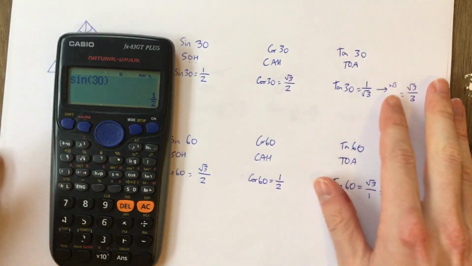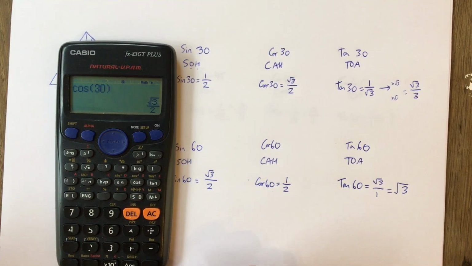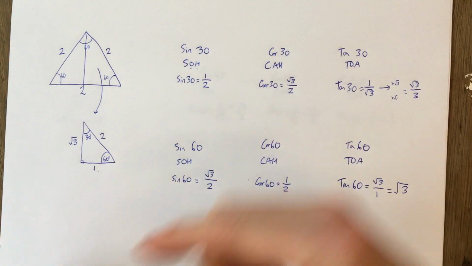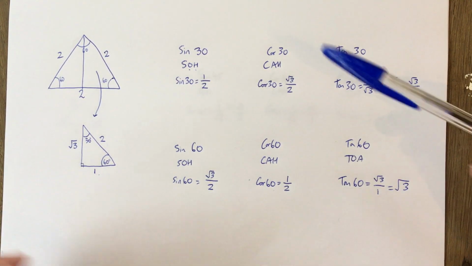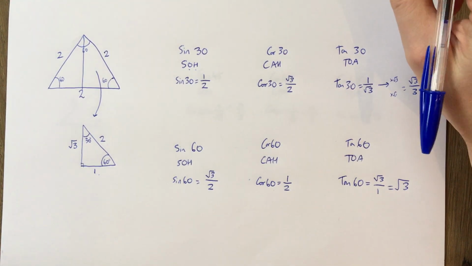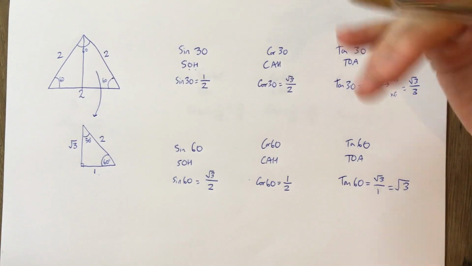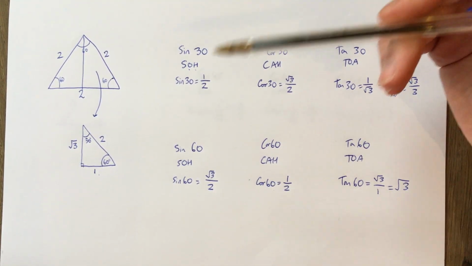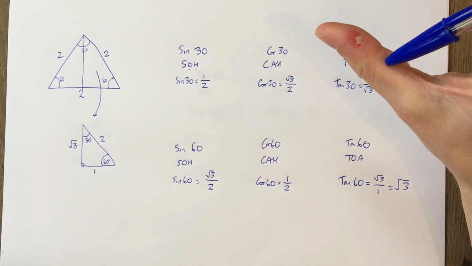Okay, cos 30 equals root 3 over 2. Okay, all we're doing is, in a non-calculator paper, you'll still be asked what some of these values are. Now, you won't be asked what sin 52 is. They'll only ask you sin 0, which I'll talk about in the next video, sin 30, sin 45, sin 60, or sin 90, which I'll talk about in the next video. That's it in regards to not using a calculator.